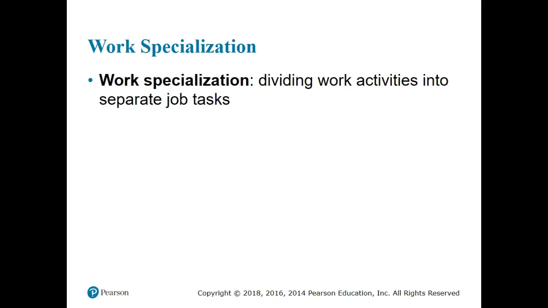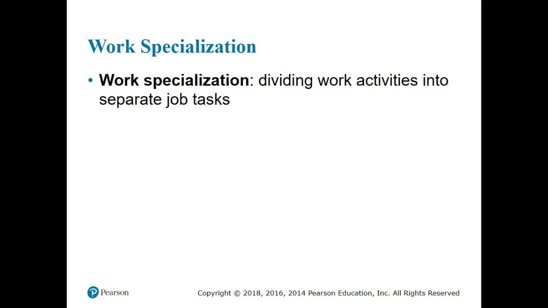So work specialization is dividing work activities into separate job tasks. Individual employees specialize, doing part of an activity rather than the entire activity in order to increase work output. It's also known as division of labor. Work specialization makes efficient use of the diversity of worker skills, so tapping into everyone's talents.